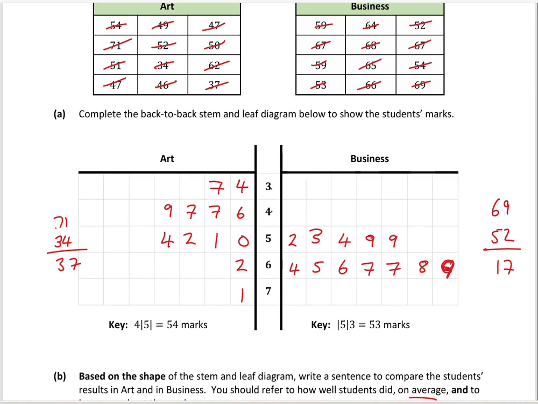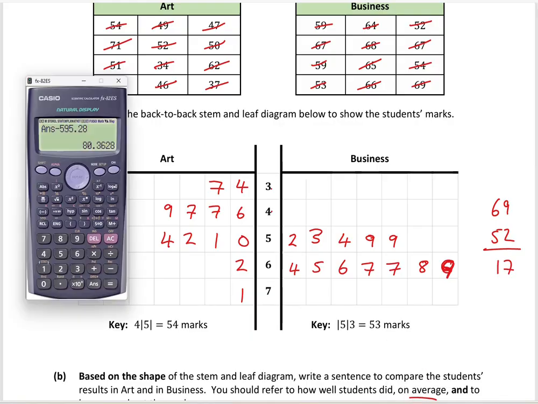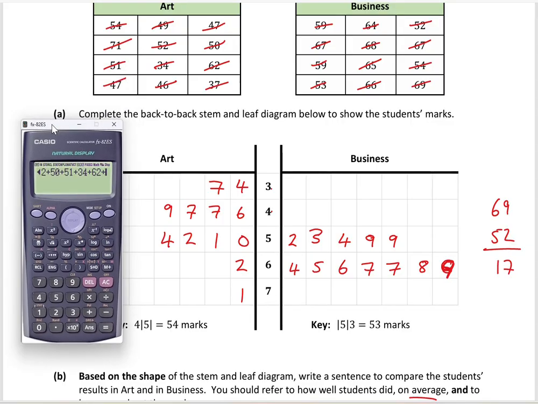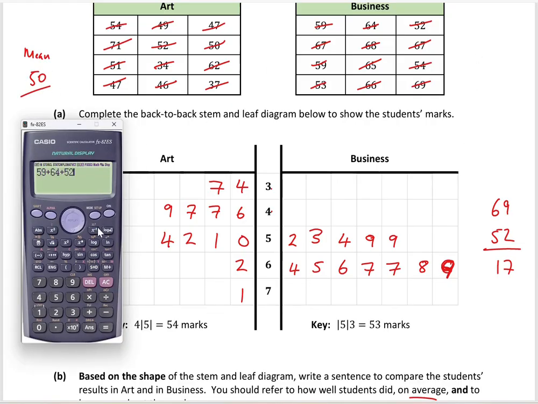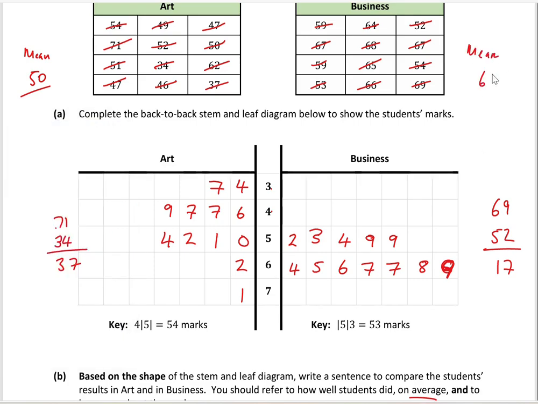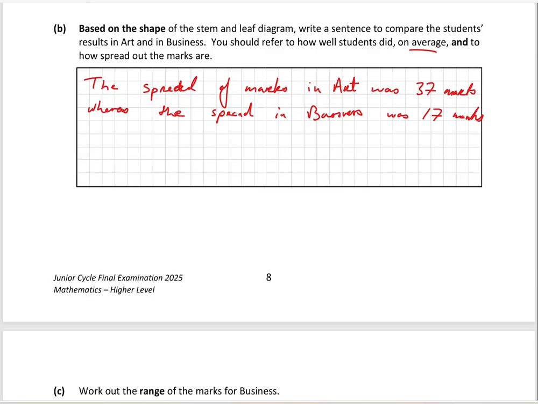All right. So I'm going to do that. So I can add that down below. It's 50.